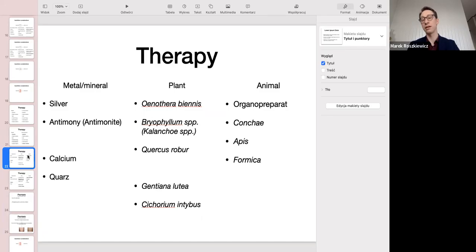So I focused on the anthroposophical therapy, this systemic therapy that we can use. And as Meron said to me, you had quite a lot of workshops regarding the remedies, so I don't want to go very deeply into them, but if it is necessary, we can do it also in the second part.